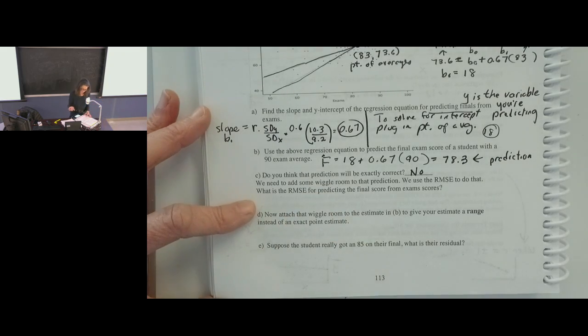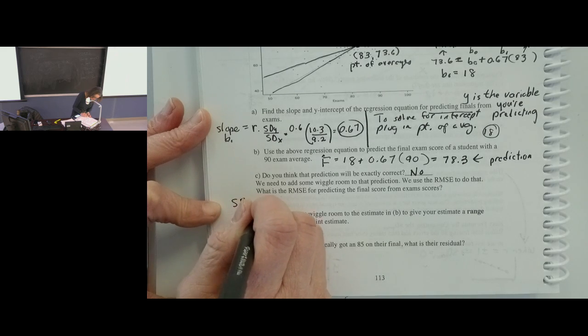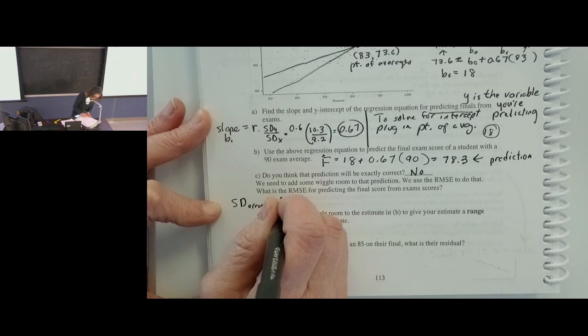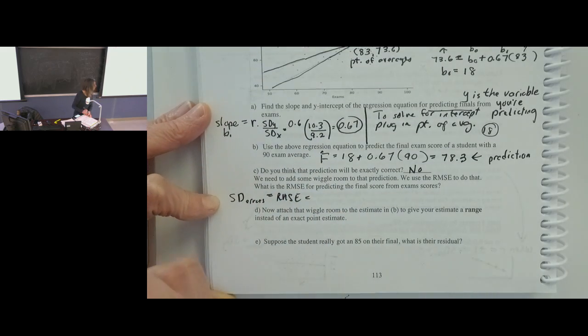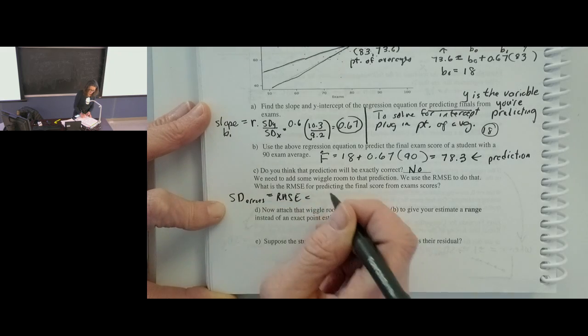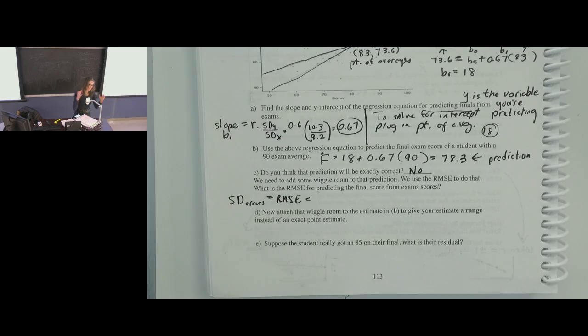We're going to use our handy formula here. So the standard deviation of the errors, also known as the root mean square error, is like the standard deviation of y, but it's going to be reduced by some amount.